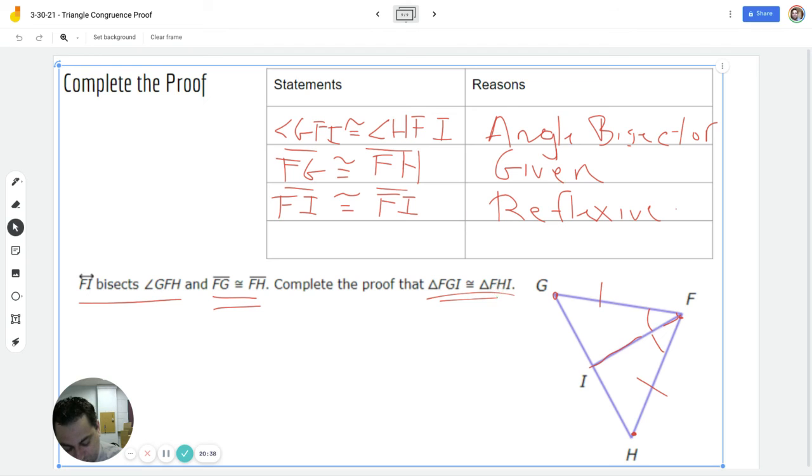So triangle FGI is congruent to FHI. Quick look back at our diagram here. I have a side, an angle, and a side. That's also going to be by side angle side.